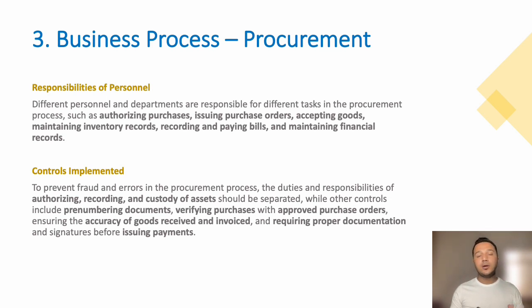So these are the key critical activities performed by different individuals. Each individual is responsible for their area of responsibility, to ensure that the proper controls are being followed within that process and are working effectively.